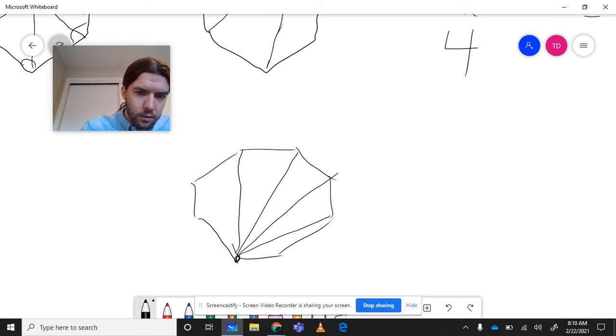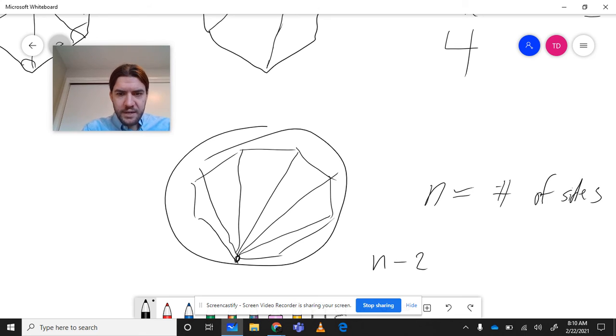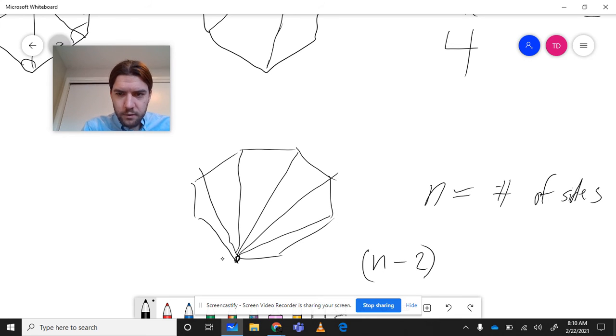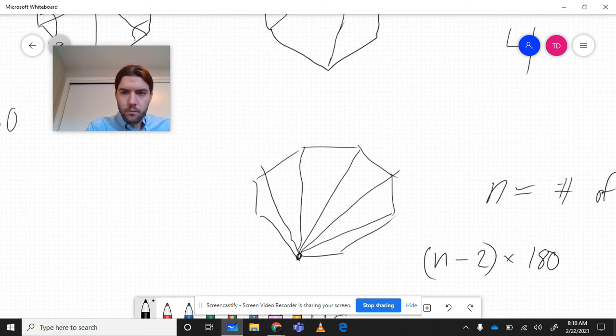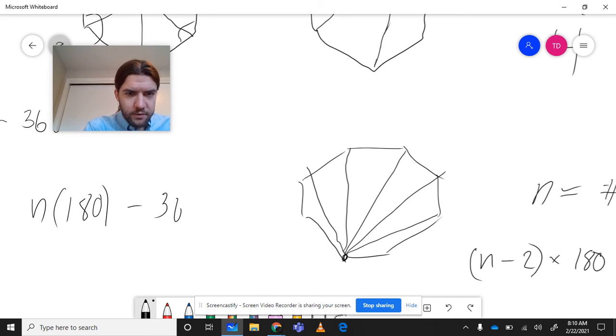So two different formulas we could make. We can either say it's the number of sides minus 2, like this 8-sided shape, minus 2, so 6 times 180. Or we can just do n times 180 minus 360.